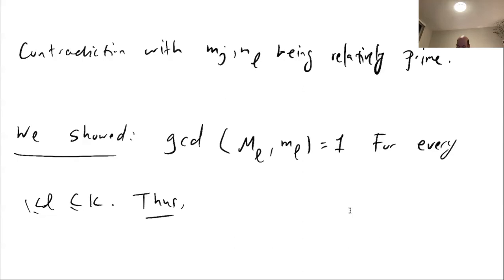Thus, capital ML times X congruent 1 mod ML will have a solution.